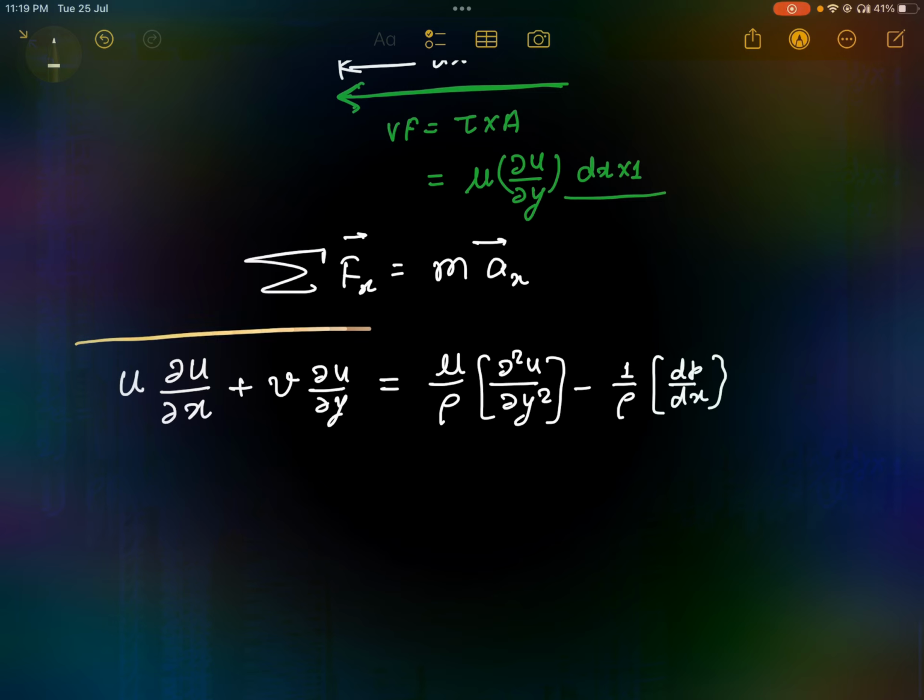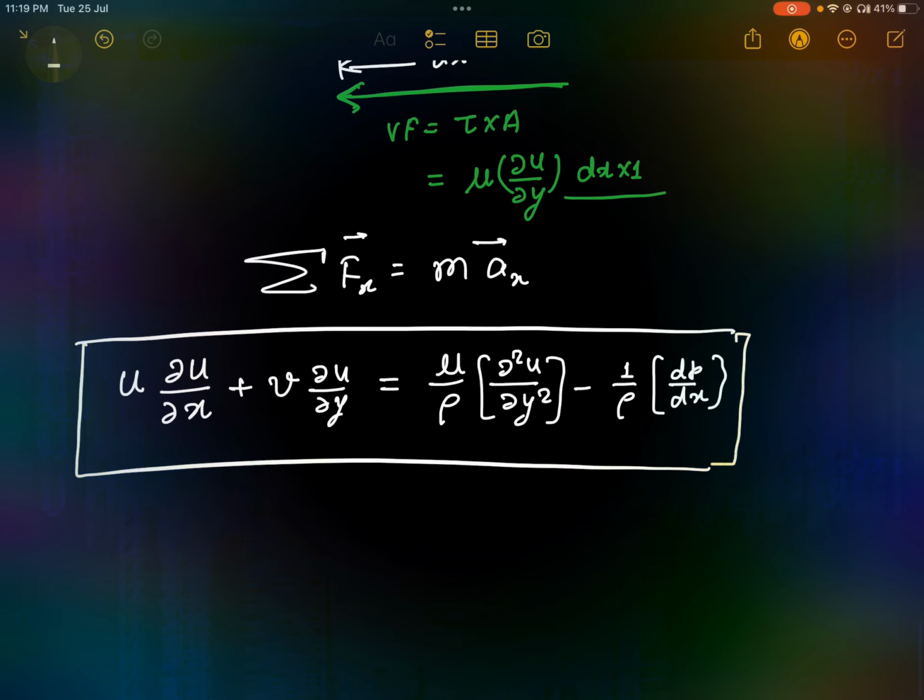This is the equation for the hydrodynamic boundary layer.